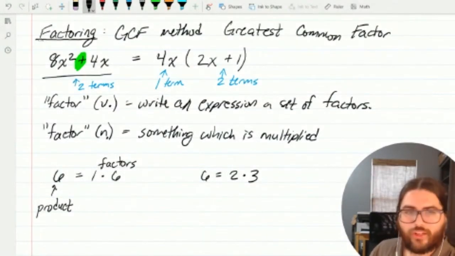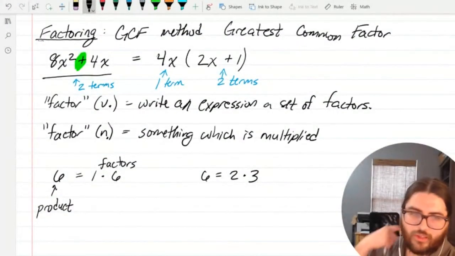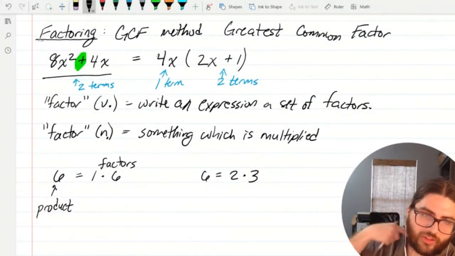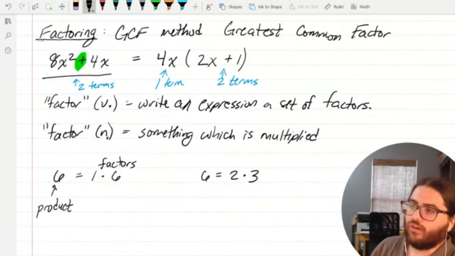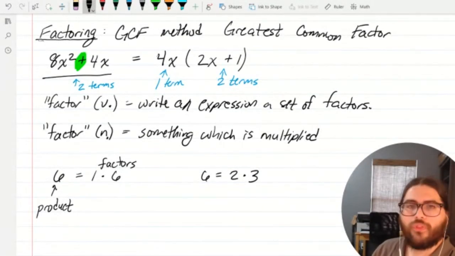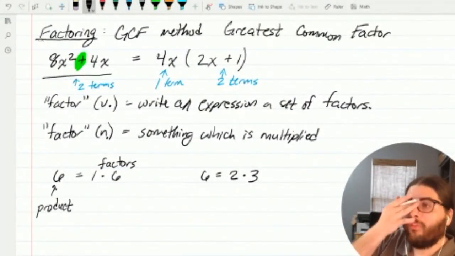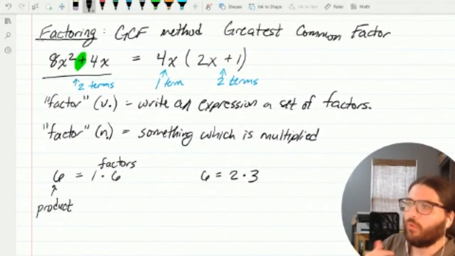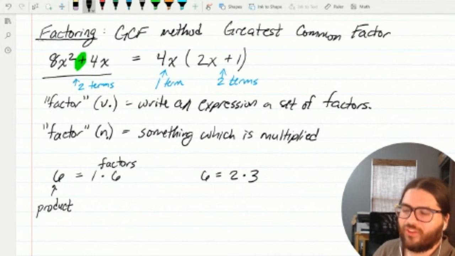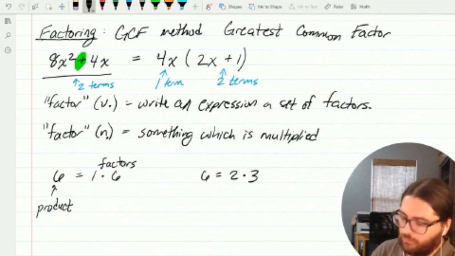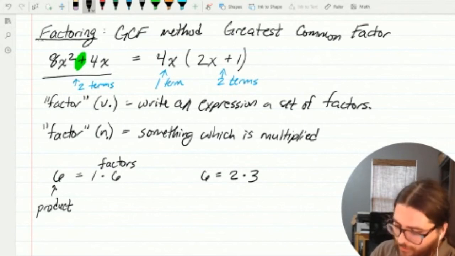So I'm always going to look for one of those greatest common factors every time I start doing my factoring. All of the other factoring methods that we'll look at are easier when the factoring problem you're dealing with is smaller. And so the GCF method will take out all of that GCF stuff first, leave you with something a little bit smaller. So if you do have to keep going, GCF will make things easier.